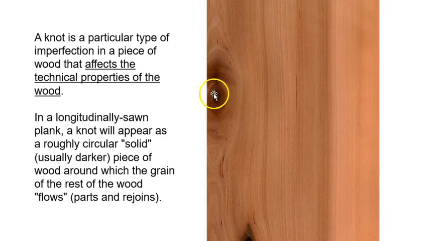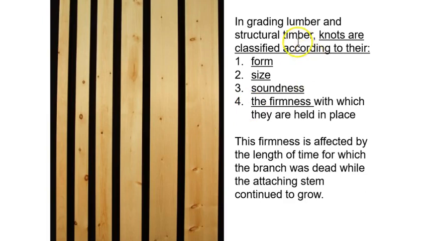We're looking at, more specifically, a branch that would be coming out of the trunk. This is the trunk beyond, the branch would be coming out, and it got sawn through at this point. In grading lumber and structural timber, knots are classified according to four things: their three-dimensional form; their size as an object; the soundness, so how hard the knot itself is; and the firmness with which the knot is held in place.